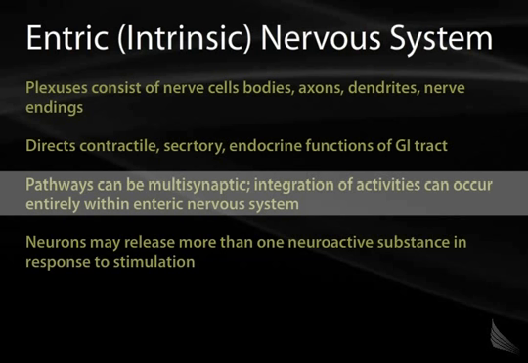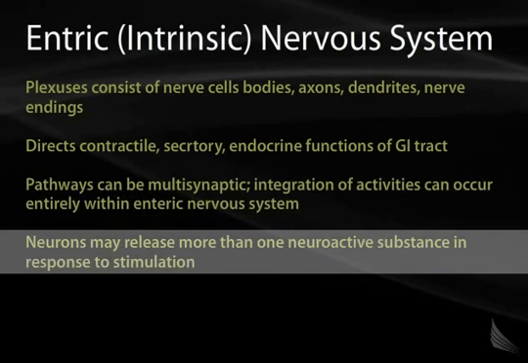Therefore, signals can flow in multiple directions between the submucosal plexus and the myenteric plexus, and along the plexus in different directions. Neurons may also release more than one neuroactive substance in response to stimulation. This also helps to explain why this can be a system which directs all functions of the GI tract.